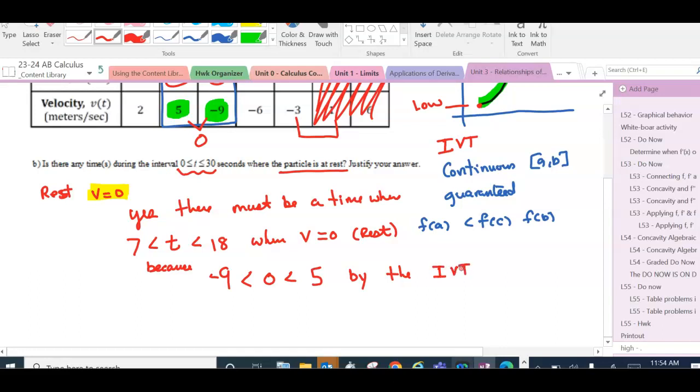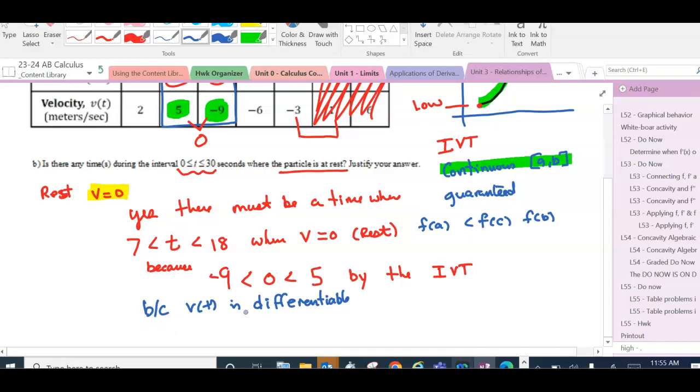Now the thing that we haven't at all discussed is continuity. And so we should say because v of t is differentiable, because they tell us it's differentiable. They don't say it's continuous, so we can't say it's continuous.